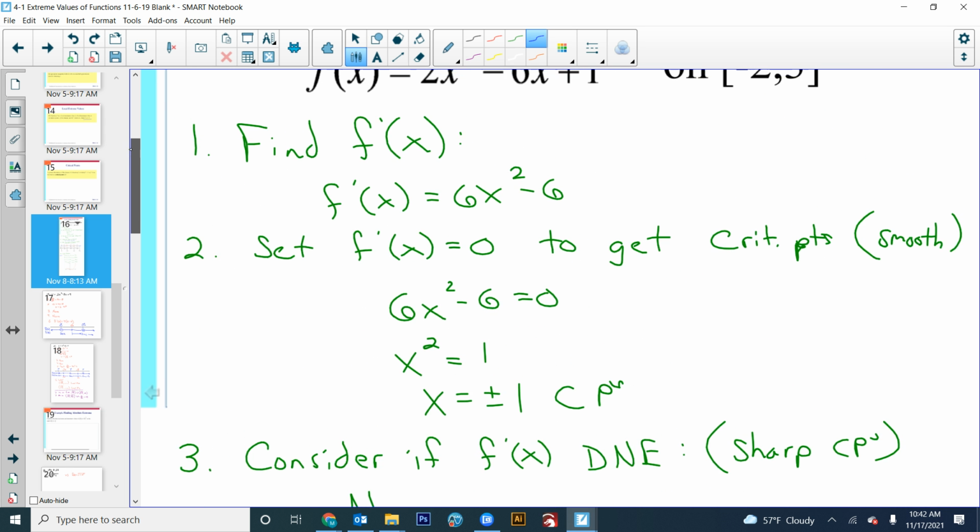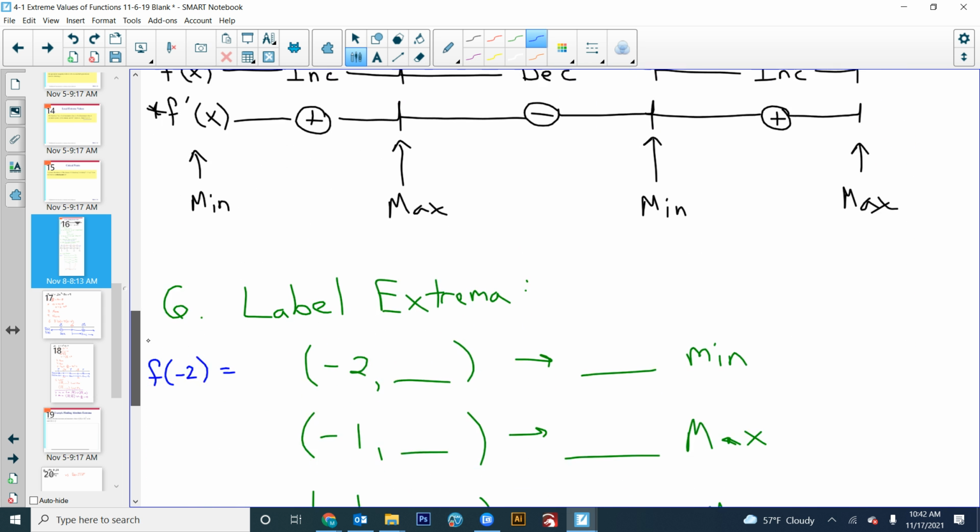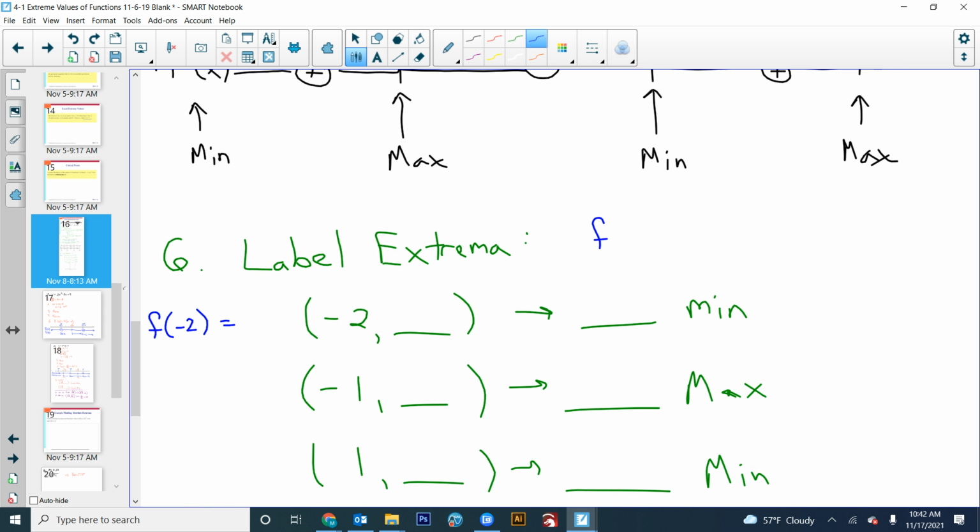Well, f of x was 2x cubed minus 6x plus 1. -2 cubed is -8 times 2 is -16. -16 plus 12 is -4 plus 1 is -3, I think. Yes? Double checking. Thank you. It's cubed.